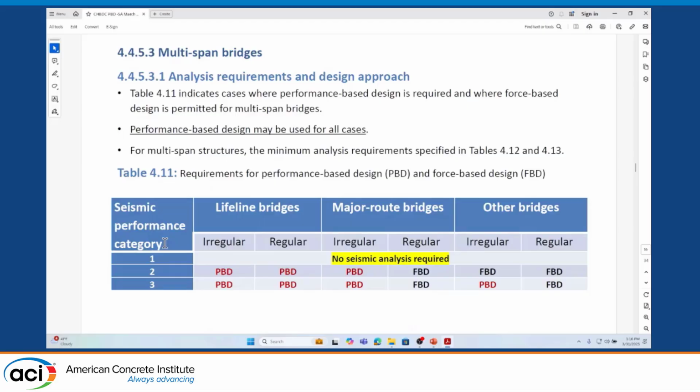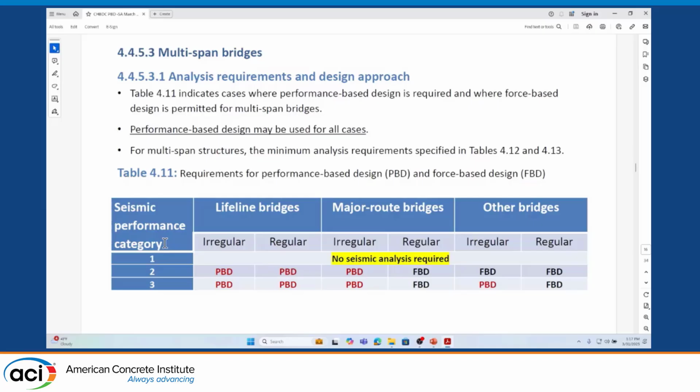The next table shows where you can use performance-based design and force-based design for multi-span bridges. However, performance-based design you can apply for all cases. If you look at this table, for seismic performance category 1, all these multi-span bridges, no seismic analysis is required.